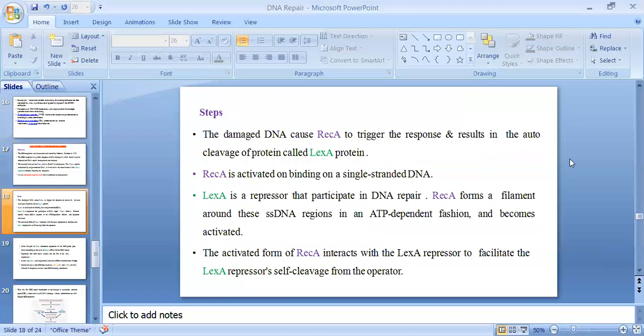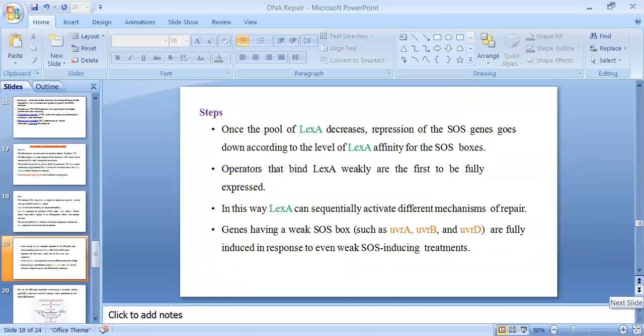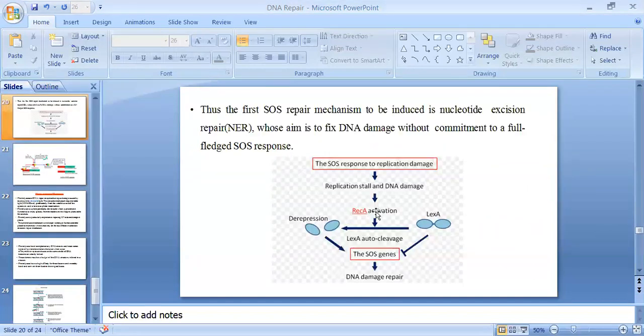Now the steps are very important. The SOS DNA repair mechanism: the damaged DNA causes RecA protein to trigger the response and results in the autocleavage of the protein called LexA. I'll show you the detail in the picture later.